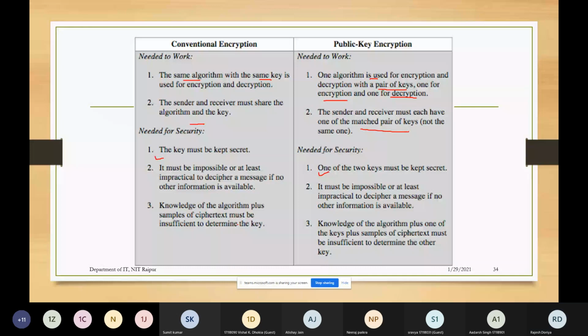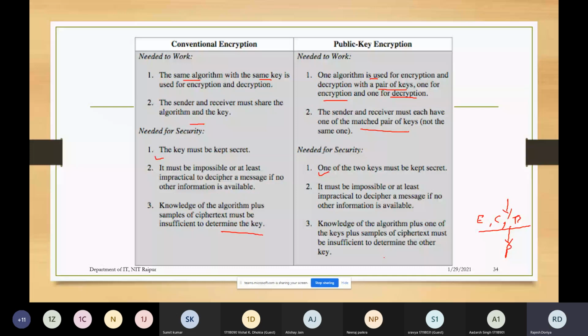In this case, knowledge of the algorithm plus one of the keys plus samples of ciphertext must be insufficient to determine the other key. So even if we know the algorithm, the ciphertext, and the public key, these must be insufficient for the adversary to find the corresponding private key. This is what we are trying to say.